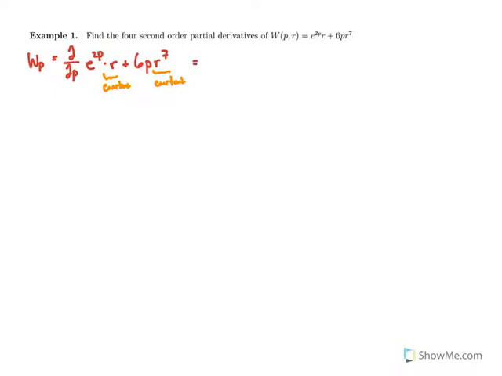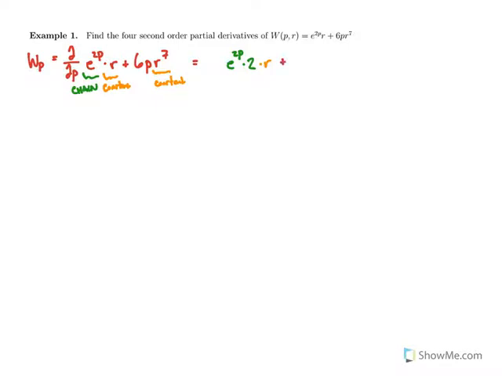So the first derivative, e to the 2p times r, is going to be an r on the outside times the derivative of e to the 2p. And the derivative of e to the 2p requires a quick use of the chain rule. So that derivative is going to be e to the 2p times the derivative of the inside, which is 2, and then times the r, which comes along for the ride as a constant, plus the derivative of 6p r to the seventh.